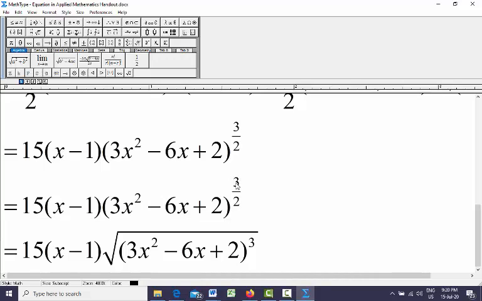So this one can be written like this: this 3, we can move it here. So here we will have 1. So 3 by 2, we can write it like half into 3.